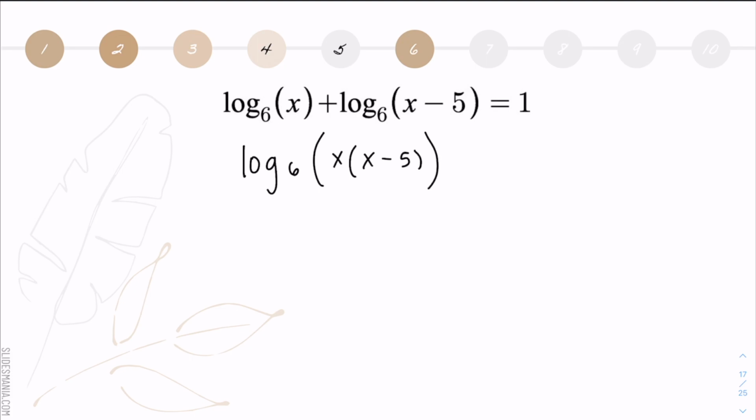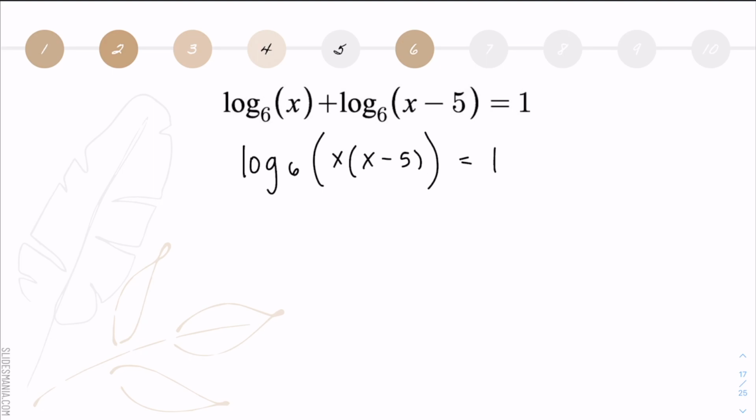Notice I put x minus 5 in parentheses because when you're multiplying polynomials, you need to use parentheses. Okay. So let's go ahead and we could either distribute this out or undo the logarithm. So we'll start with the log. What's the inverse of log base 6? That's going to be an exponential with base 6.